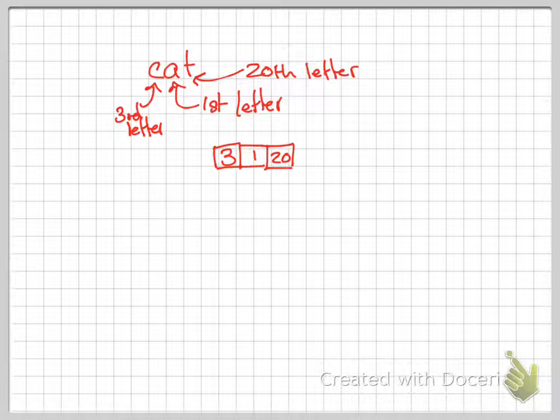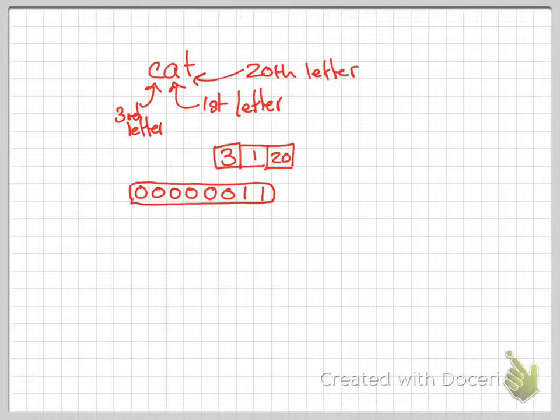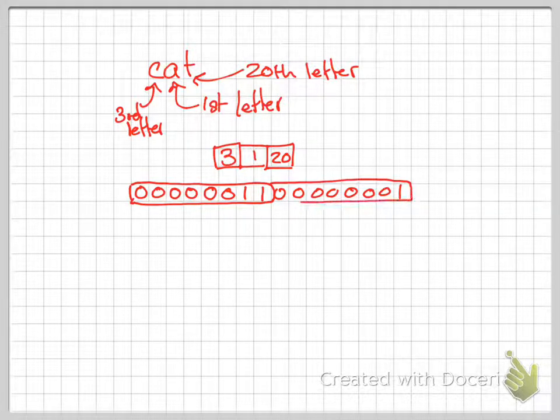So a 3 is 0, 0, 0, and so on, with the places 128, 64, 32, 16, 8, 4, 2, 1. That's a 3. That's my first byte of information. Then a 1 is going to be 0, 0, 0, 0, 0, 0, 0, 1. That's my second byte of information.